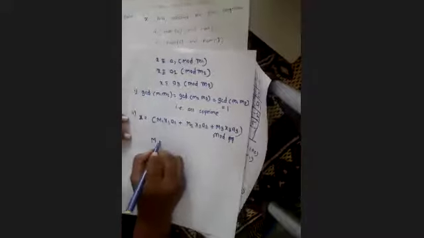So we need to calculate the M value. How can we calculate that? M1 into M2 into M3. These are small M1, M2, M3 to find the capital M.